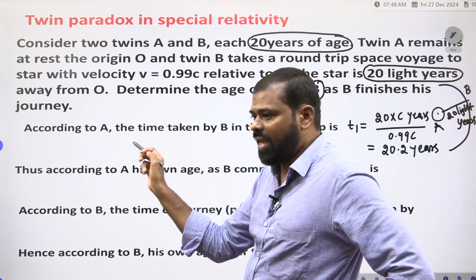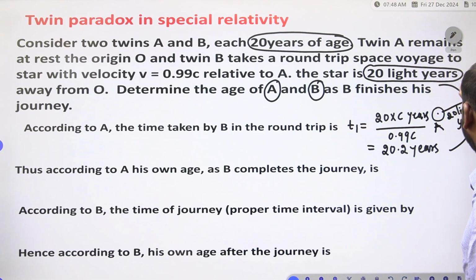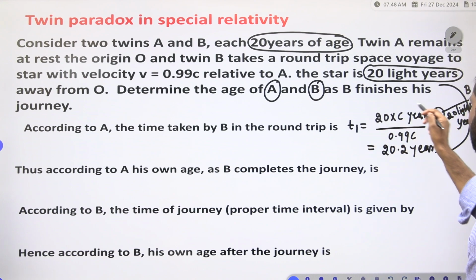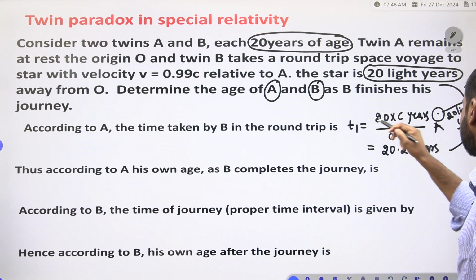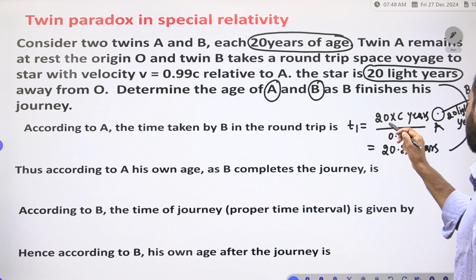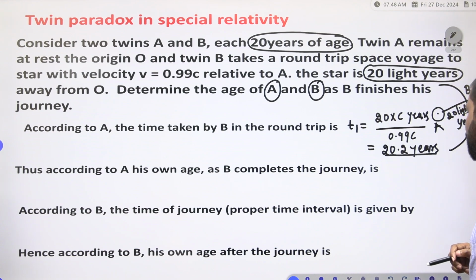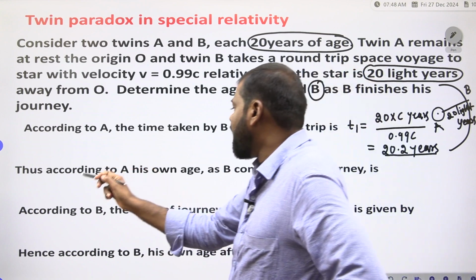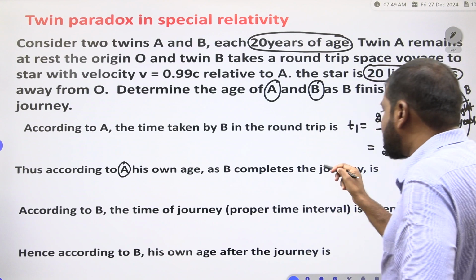So according to A, the time taken by B for the trip, how much time is it taking? T1 is equal to the distance by velocity: 20 into c into years divided by 0.99 c. If you calculate, you will get 20.2 years. So thus, according to A, what is his own age as B completes the journey?